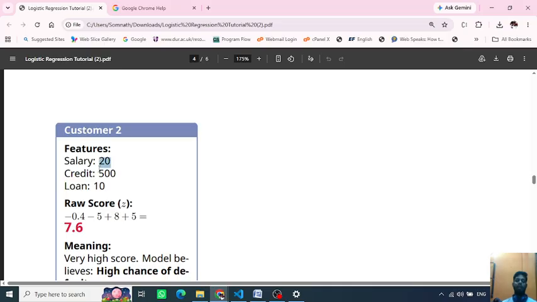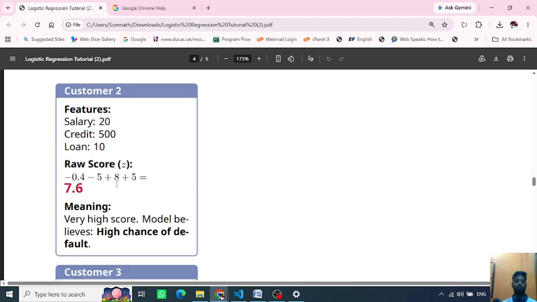Now take customer 2. The salary is 20, which means 20,000, credit is 500, and loan is 10 lakh. The same way we calculate the raw score and sum all the values, and we get 7.6. That means a very high score. The model believes there is a high chance of default.